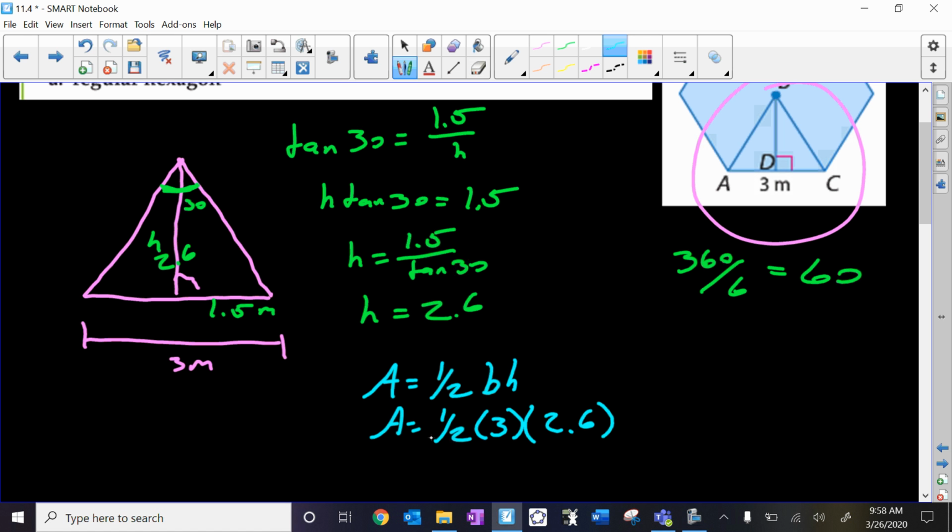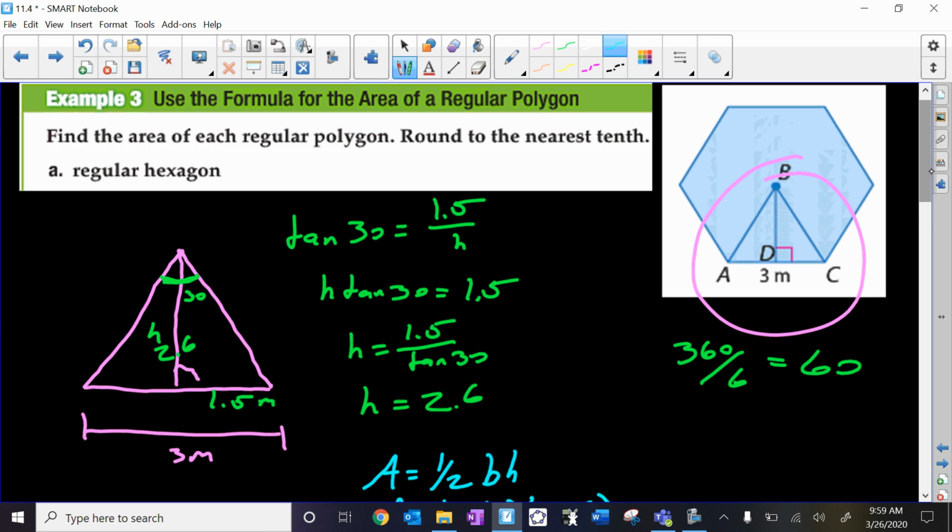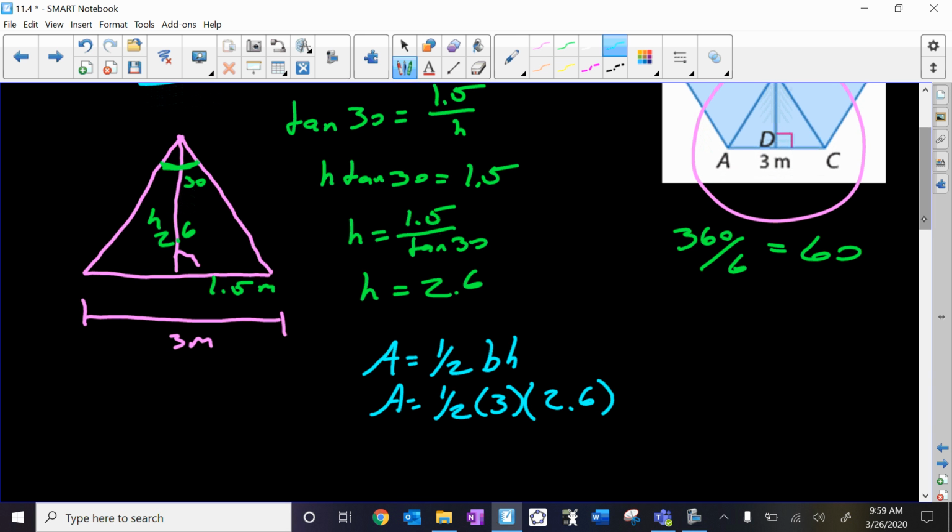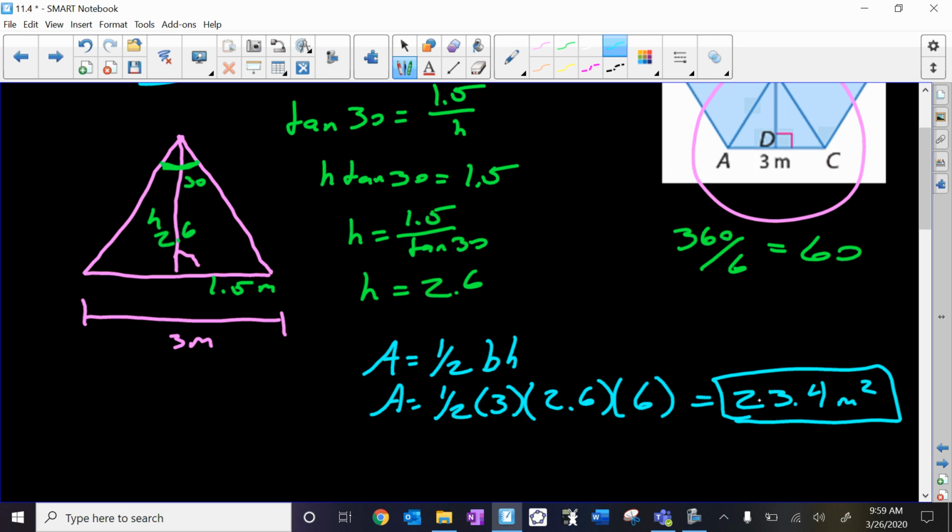This is one triangle right now, but I need to multiply by the total number of triangles, which, since it's a hexagon in here, we know that there are 6 triangles. So I'm also going to multiply this all by 6. And when I multiply all of that together, that's going to get me a value of approximately 23.4 meters squared, which does represent the area of my entire regular hexagon.